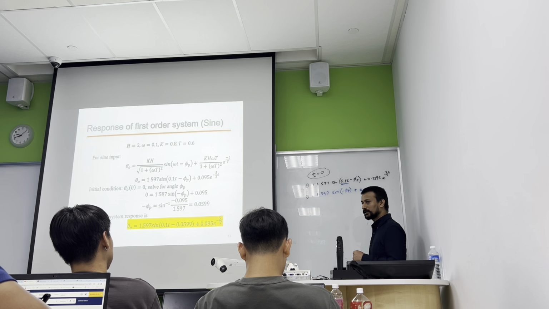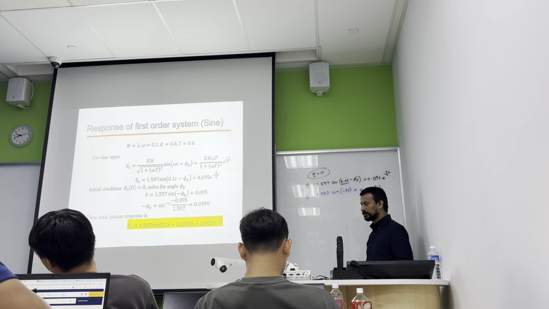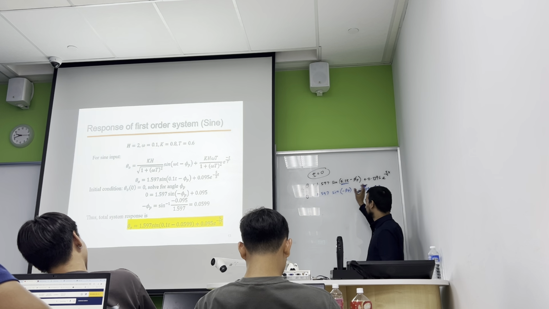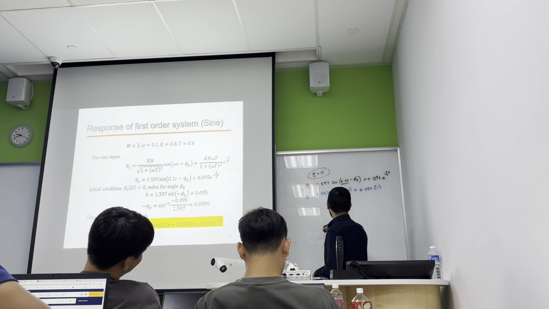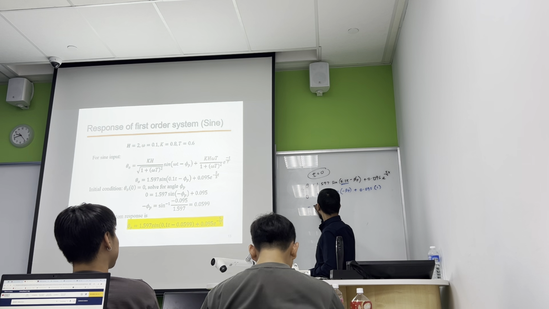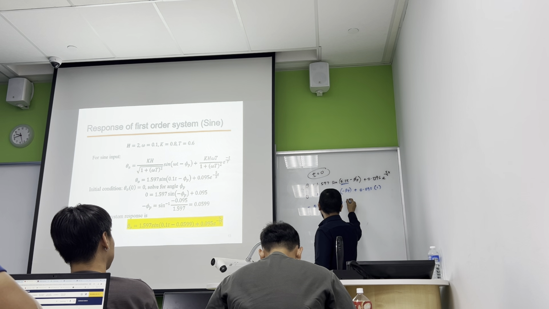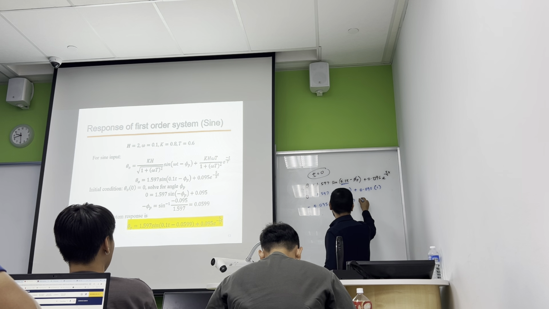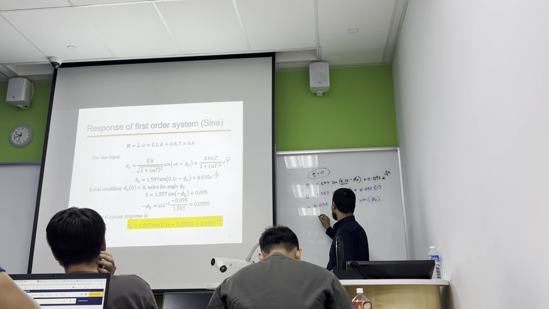You can check on your calculator. So it's going to be 1 here. Then this term you can rearrange and work on it. First I move it: minus 0.095, 1.597 sine pi.